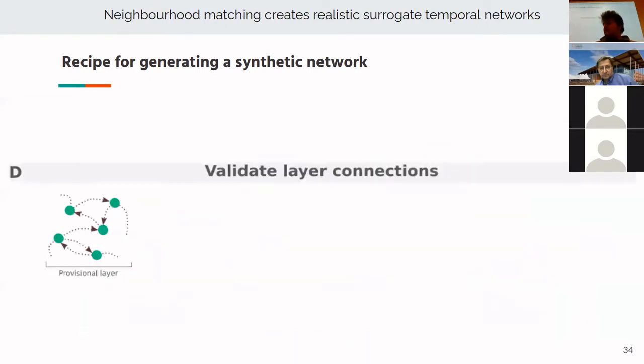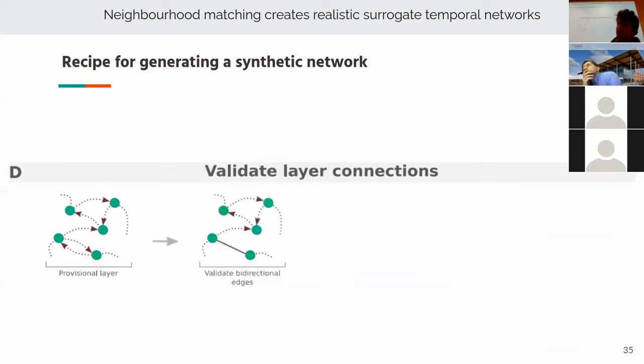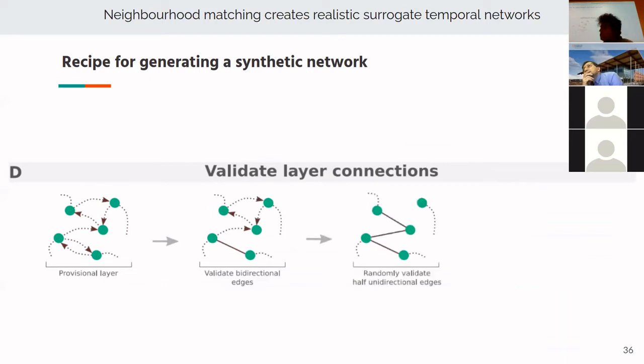Once we did this, we end up with this provisional layer, and we want to validate the connections of this layer. First of all, we confirm all the bidirectional edges. Then we randomly validate half of the other edges.